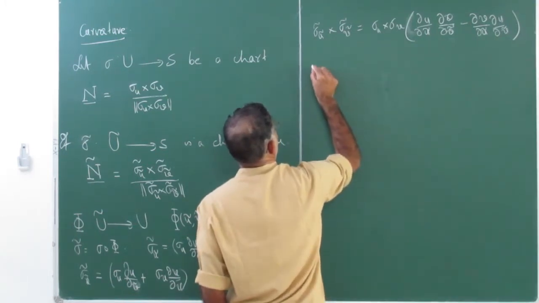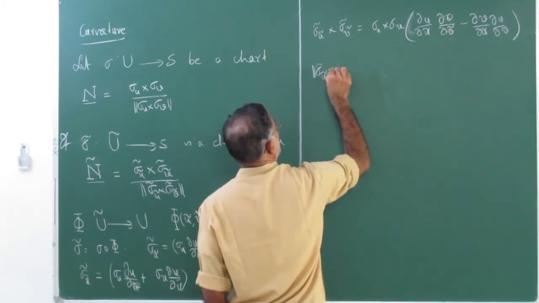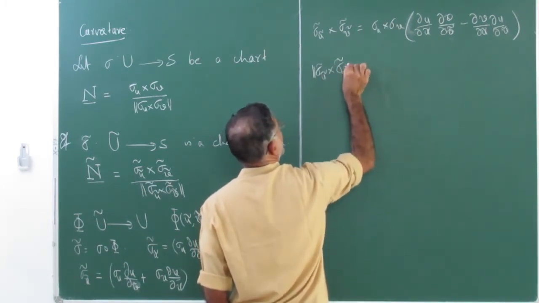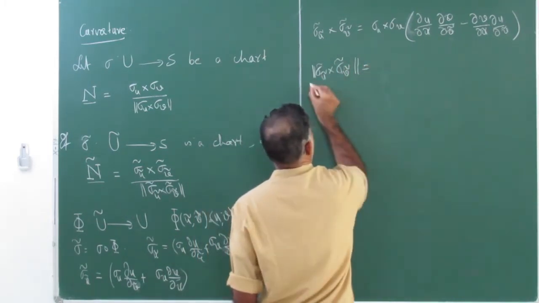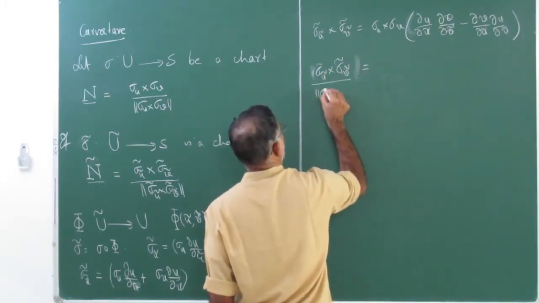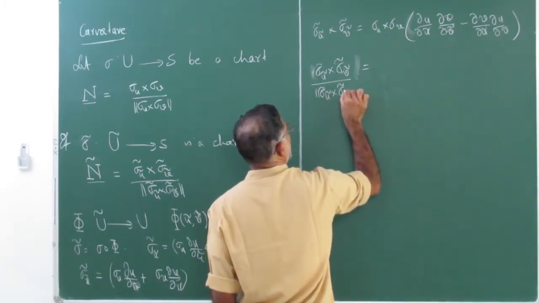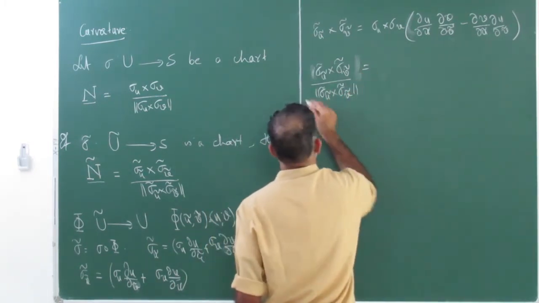So let us take the norm of sigma tilde u tilde cross sigma tilde v tilde, divided by the norm of this. This is what you are taking as your n tilde.